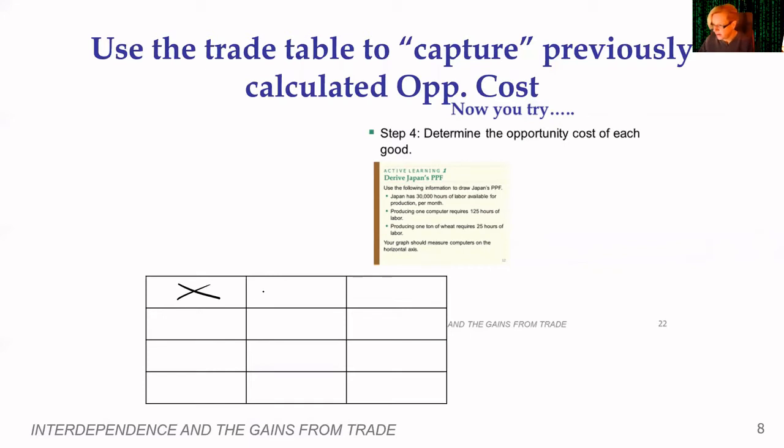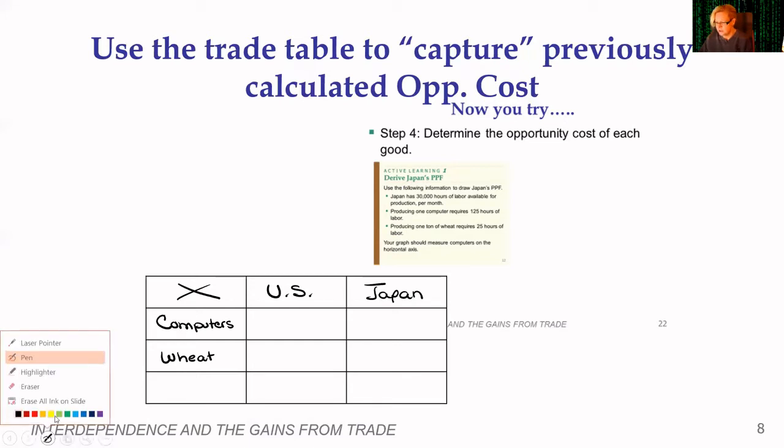Go ahead and hit pause if you'd like. Again, I'm just going to go ahead and put the US here, Japan, and I'm going to go ahead and put computers and wheat. A lot of students ask me, does it matter which you put first? No, it does not. Remember, the US, every time you produce one computer, you give up 10 wheat.